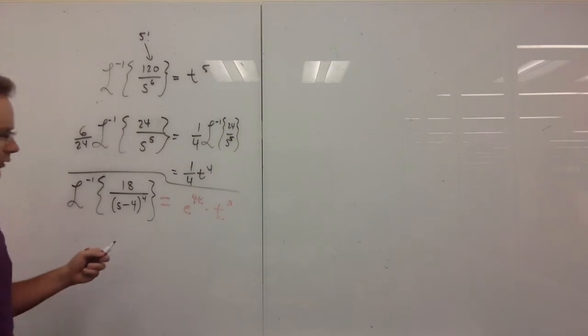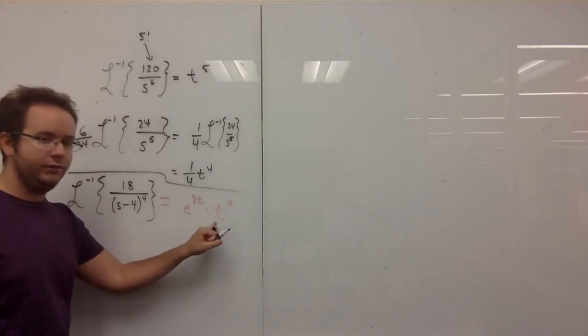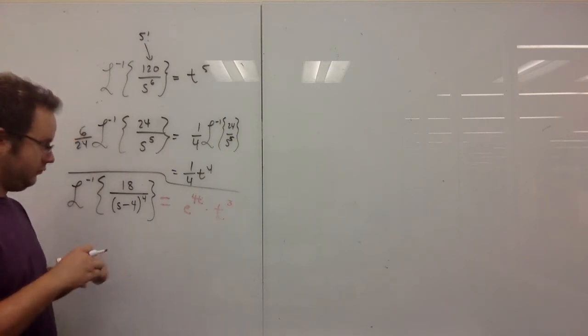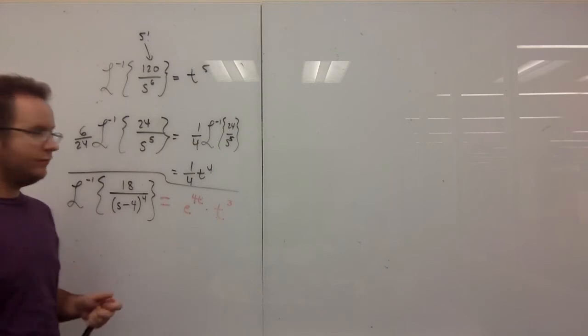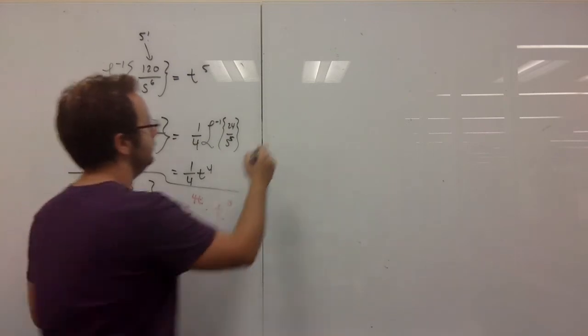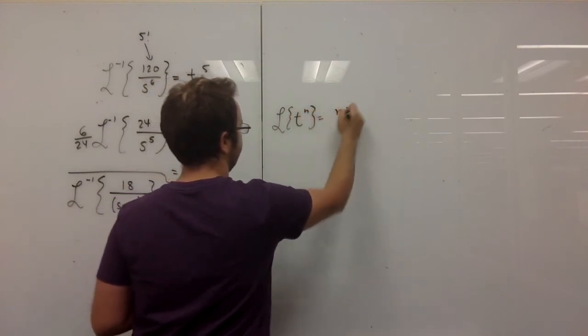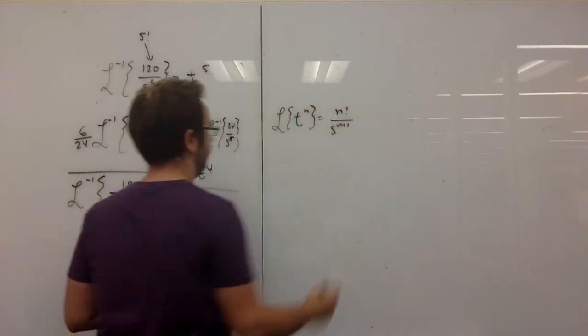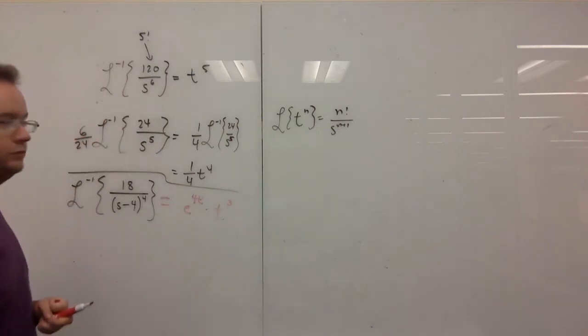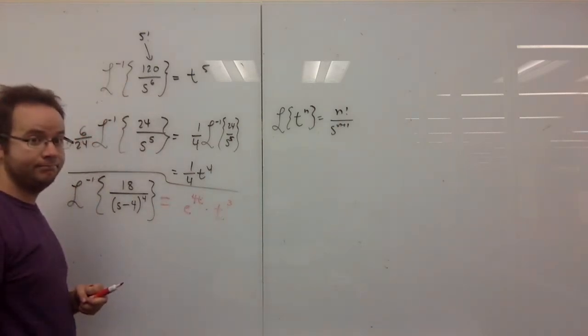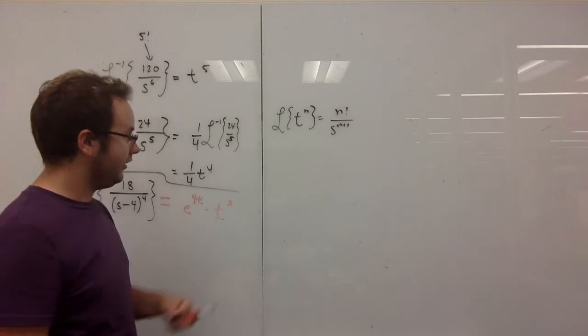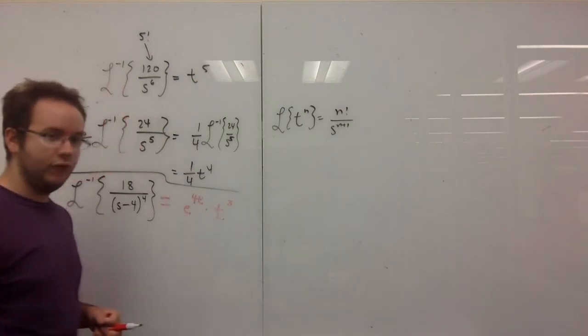This isn't quite right though. Why? What's the Laplace transform of t cubed? This is the rule we're using: Laplace transform of t to the n is n factorial over s to the n plus 1. So what's the Laplace transform of t cubed? 3 factorial over s to the 4th, right?